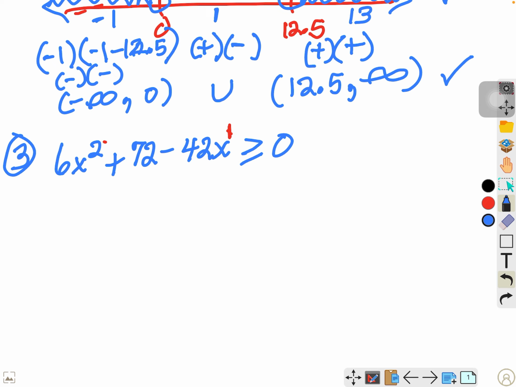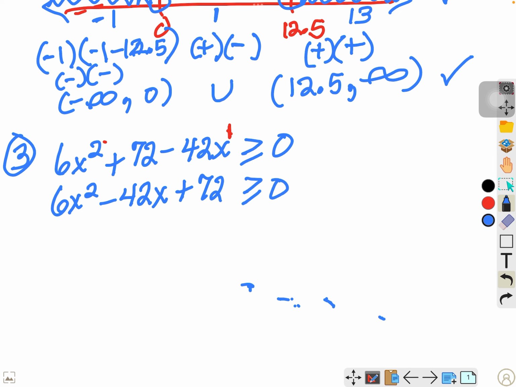So placing this polynomial in descending order, we get 6x squared minus 42x plus 72, all greater than or equal to 0.